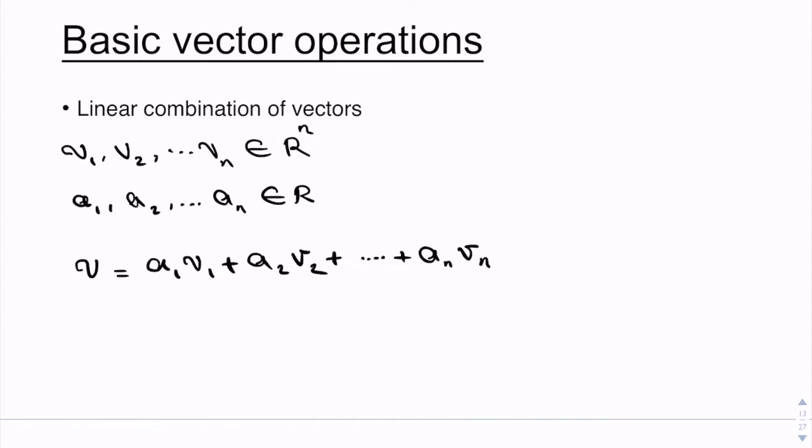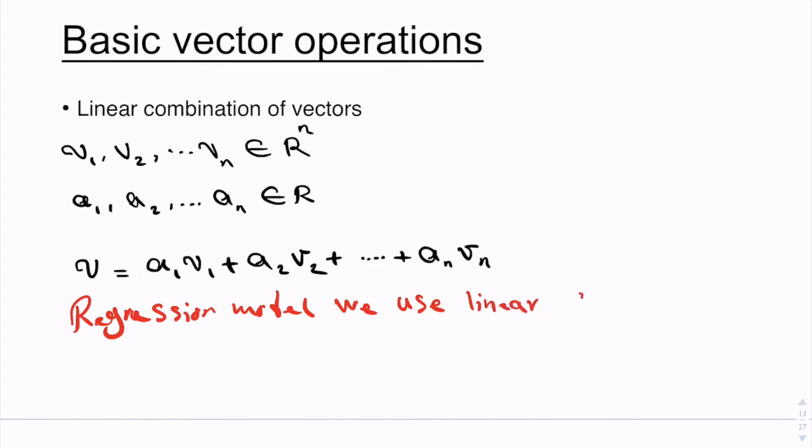In regression models, we wanted to express an observed vector in terms of some predictors or covariates. So when we talk about regression, in a regression model we use this linear combination of vectors.